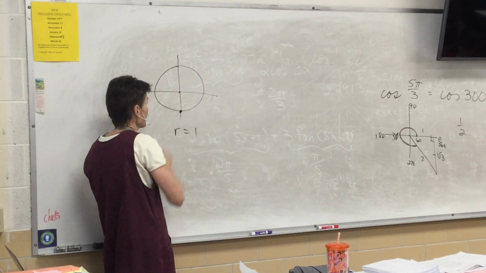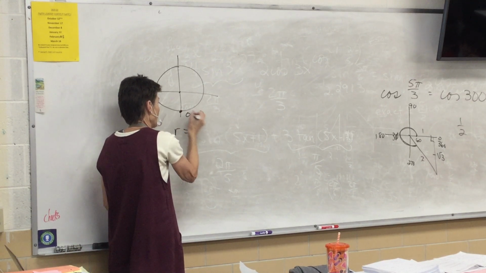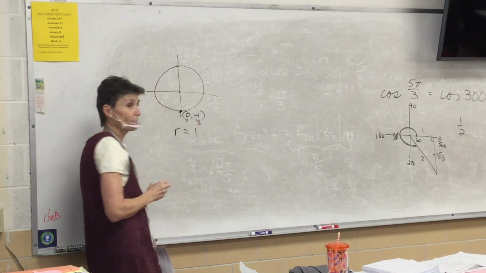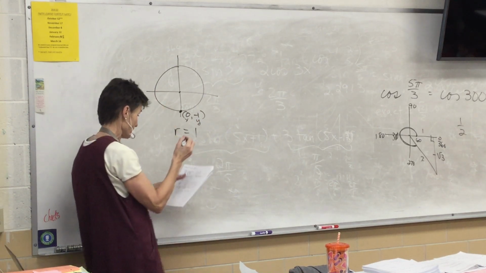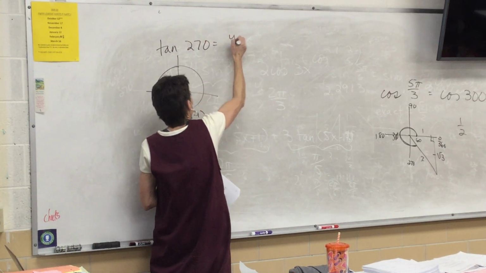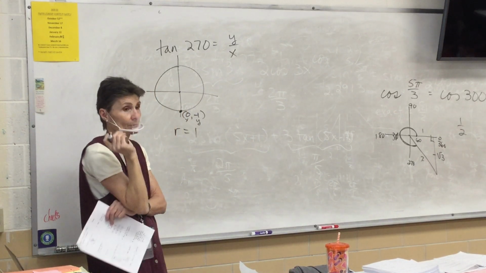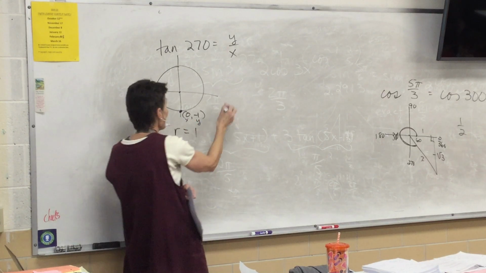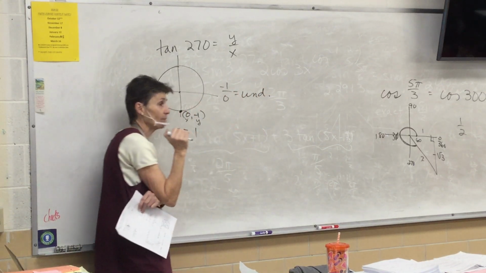If I come straight down 1 unit. 0, -1. So in other words, my x is 0 and my y is -1. Tangent, by definition, is y over x. So putting my y over my x, I get -1 over 0, which is undefined.